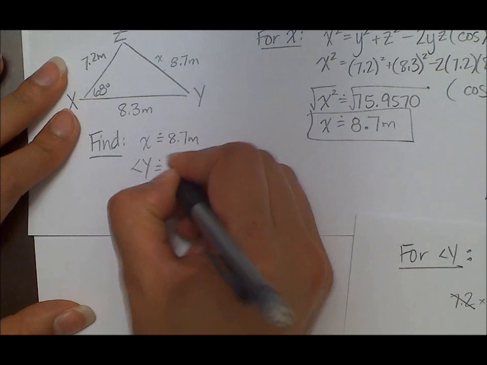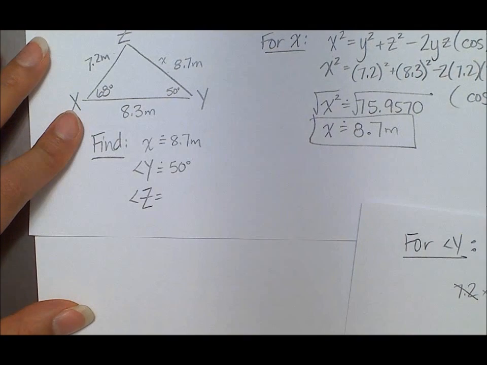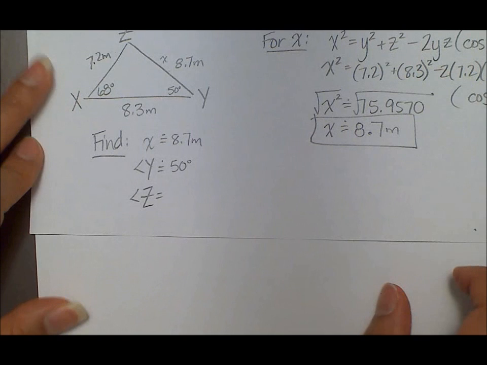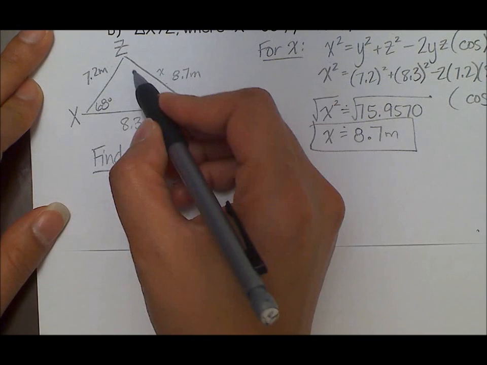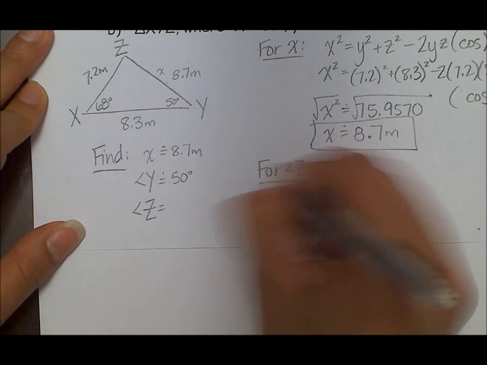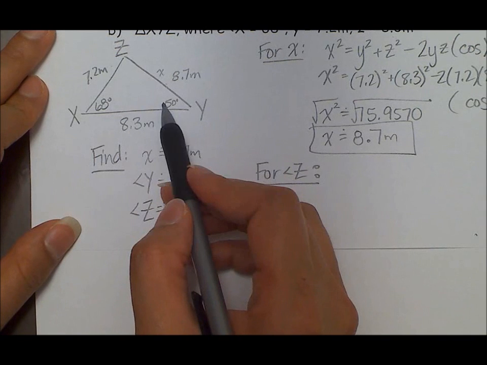And I'll label that in the triangle as well. It just makes your work a little bit easier. It helps you recognize if there are easier ways to solve for certain parts of the question. And so the last thing I need to solve for in order to solve this triangle is angle z. And there is actually an easy way for you to do this. And that's using the sum of the angles in a triangle theorem, which means you're going to subtract the two angles that you have to solve for the third angle.